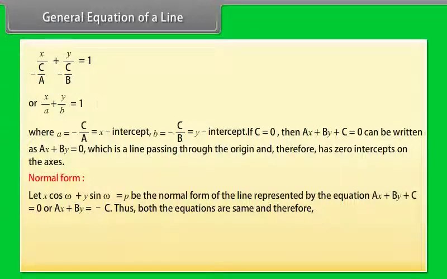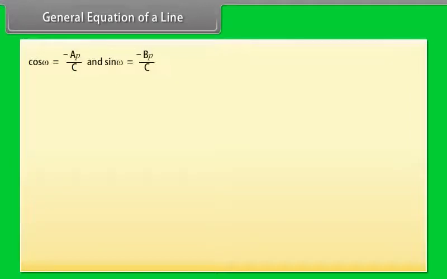Thus both equations are the same, and therefore a/cos ω = b/sin ω = -c/p, which gives cos ω = -ap/c and sin ω = -bp/c. Now sin²ω + cos²ω = (-ap/c)² + (-bp/c)² = 1.